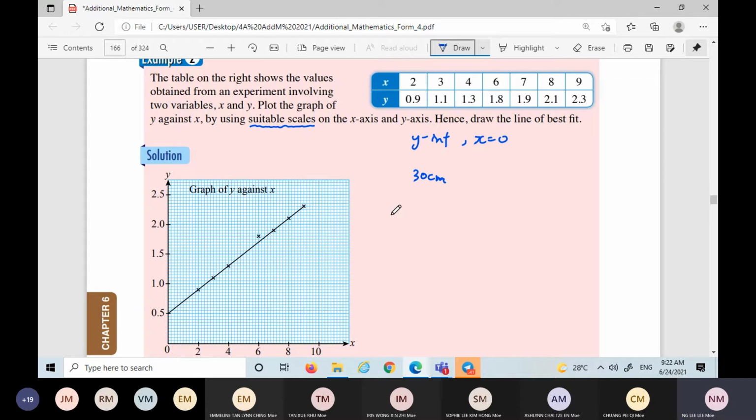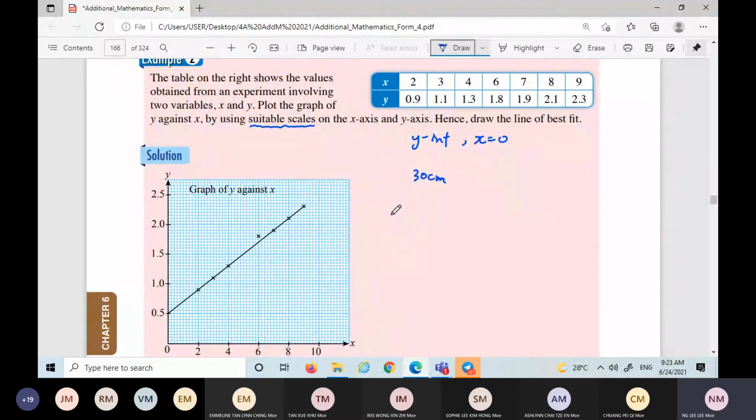Number one, most of the points fall on the line. Second, the points that do not fall on the line are distributed evenly on both sides. If you fulfill these two, it is called best fit already.